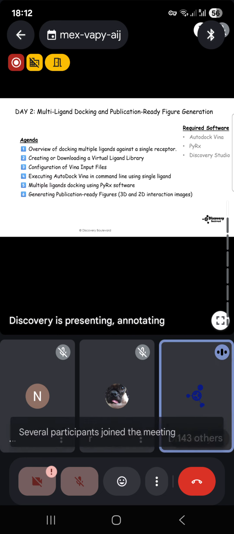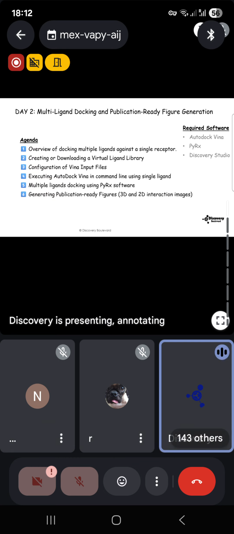Whoever is saying screen not visible, please exit the session and then join again. Just a second, okay?